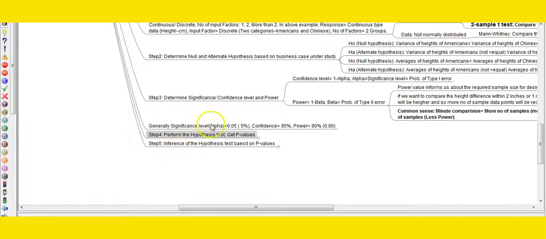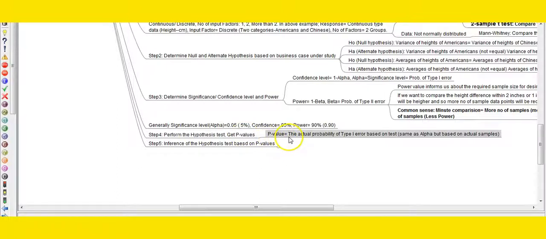Once we have decided the confidence level, power, significance level and type of test, we perform the hypothesis test. And this hypothesis test gives us p-values. What are these p-values?